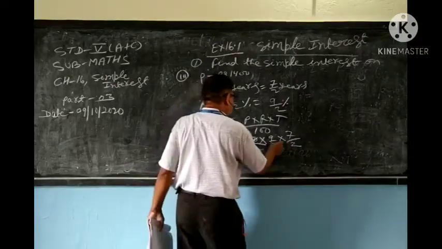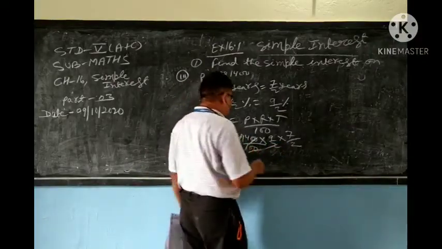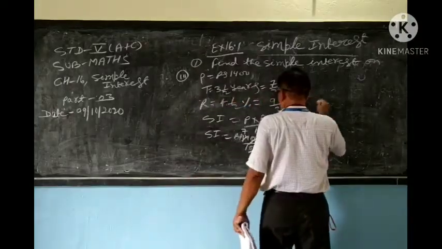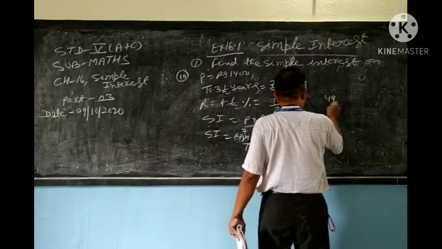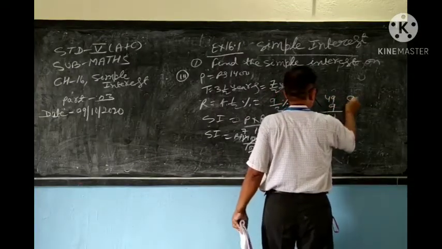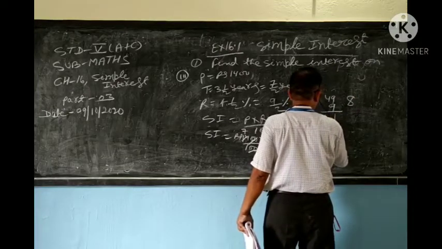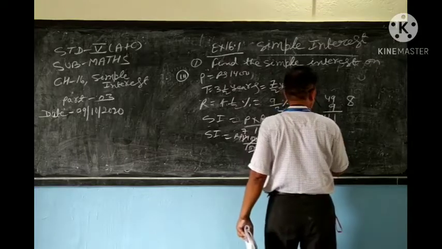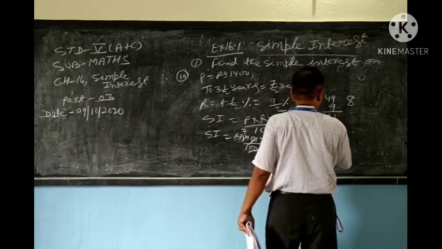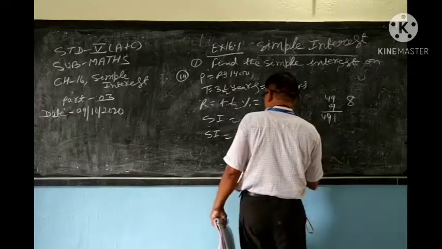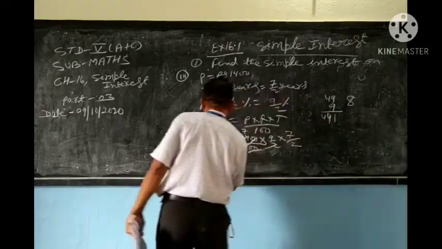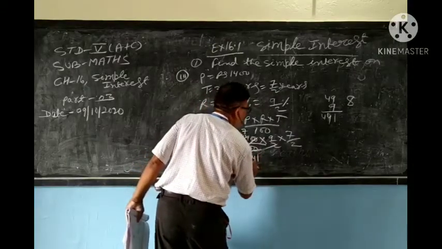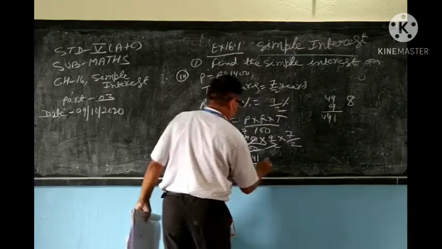Now this also cut. 14 divided by 2, 7 will come. 7 into 7 is 49. 49 into 9. SI is equal to rupees 441 by 2.